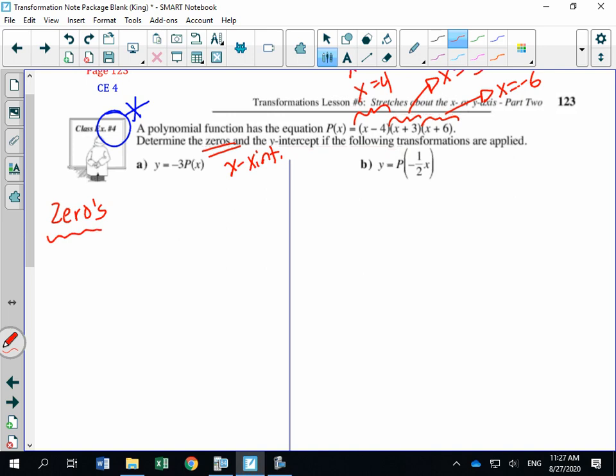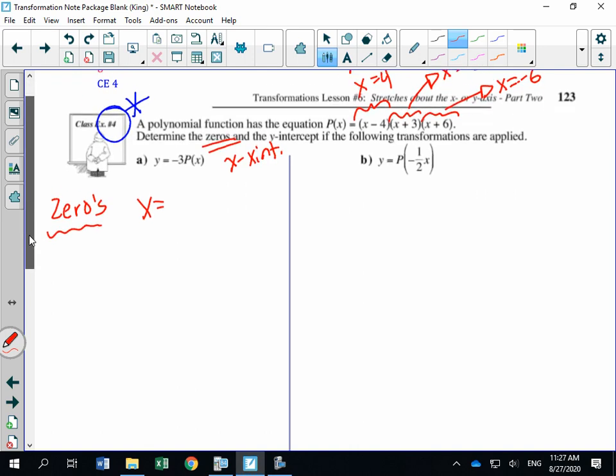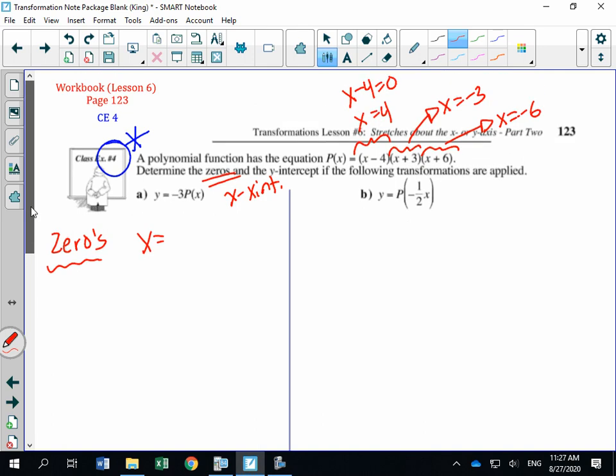The zeros of this function are x is equal to, in order, 4, negative 3, and negative 6. Those are the x-intercepts of my original function.